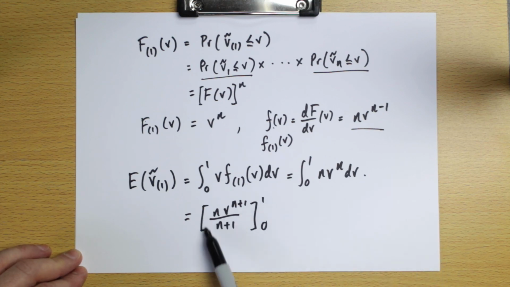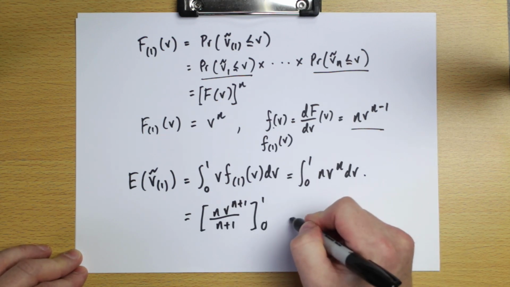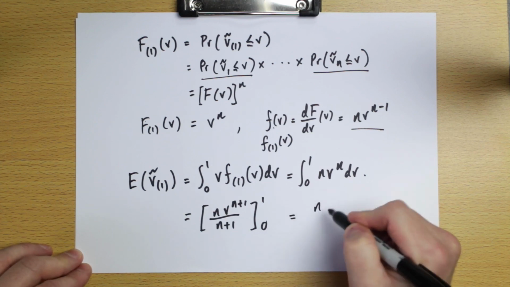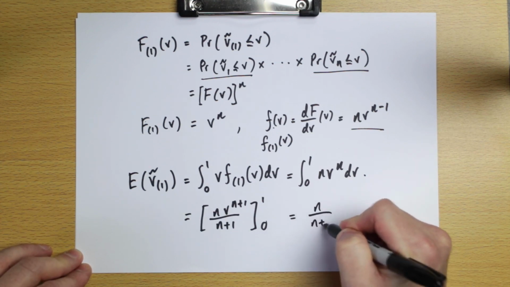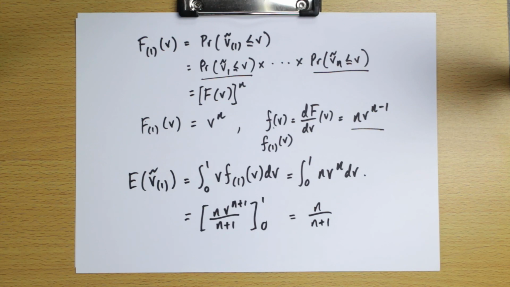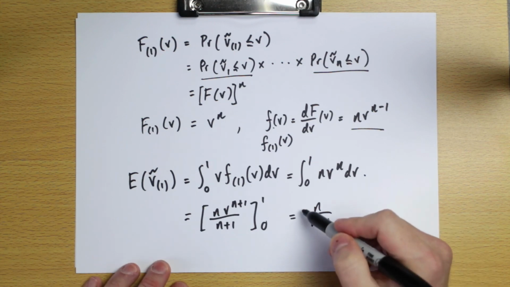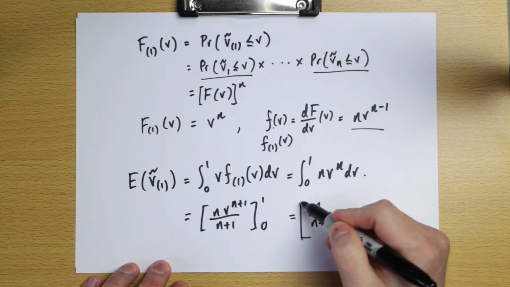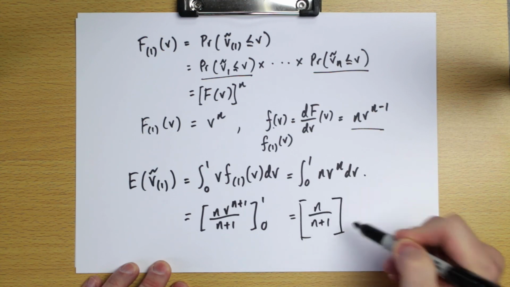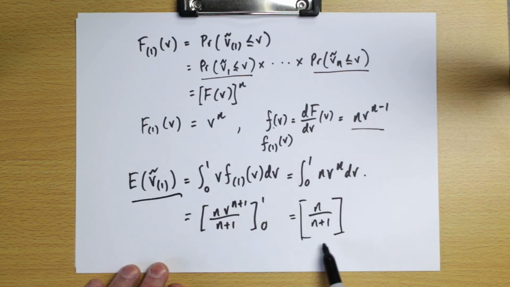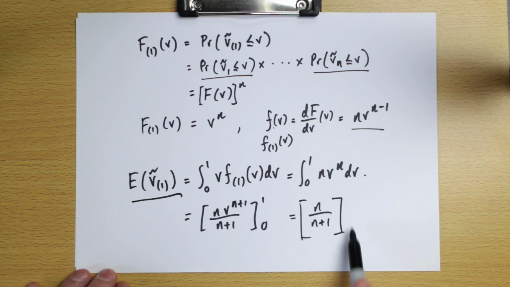Now inside this bracket is clearly 0 when v is 0, and when v is 1, it's simply n over n plus 1. Okay, so there it is. That's the expected value of our first order statistic. It takes a very nice form. It's very easy to calculate.